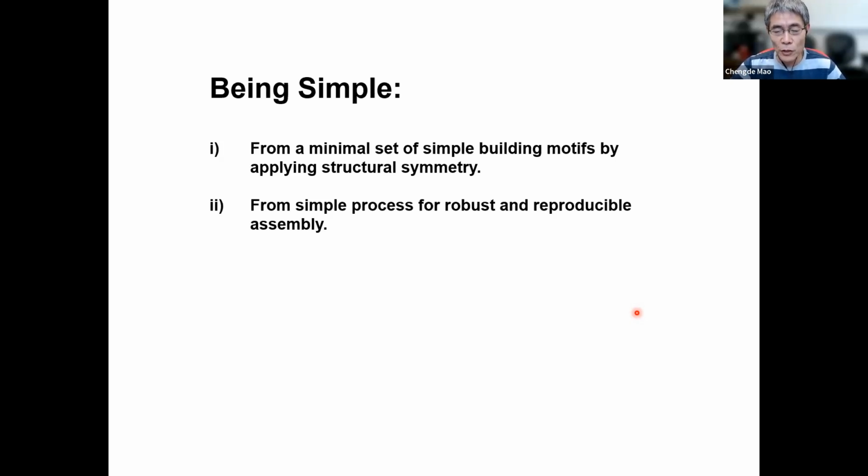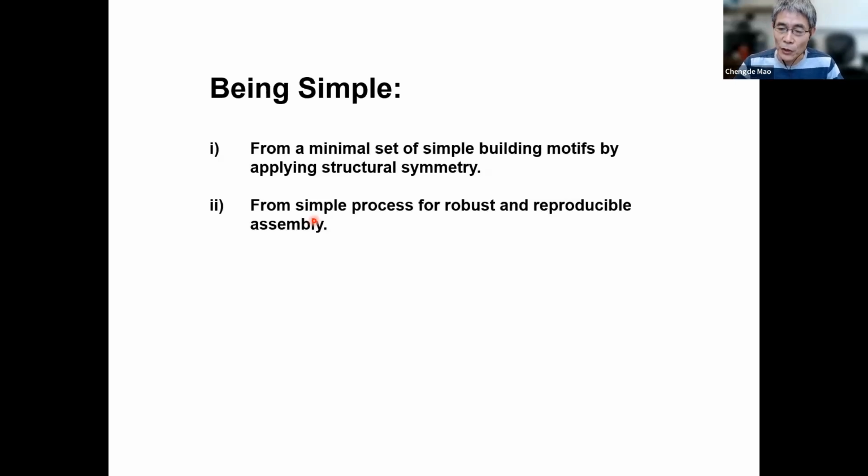First of all, the construction materials need to be simple. Like when you build a building, you don't want to have hundreds of different building materials. If we can narrow down to just a few building blocks, that is much easier to handle. The other side is that the process should be simple.